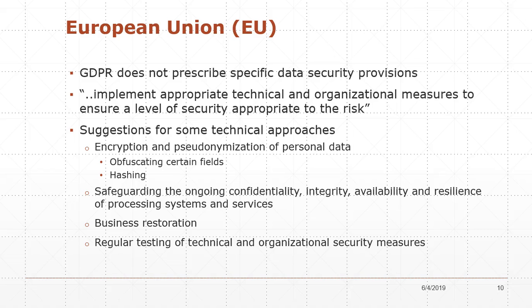That can be obfuscating certain fields like we do with credit card data, could be using hashing to protect the data, etc. Safeguarding the ongoing confidentiality, integrity, availability, and resilience of processing systems and services is another suggestion and another key technical approach, as well as regular testing of technical and organizational security measures.